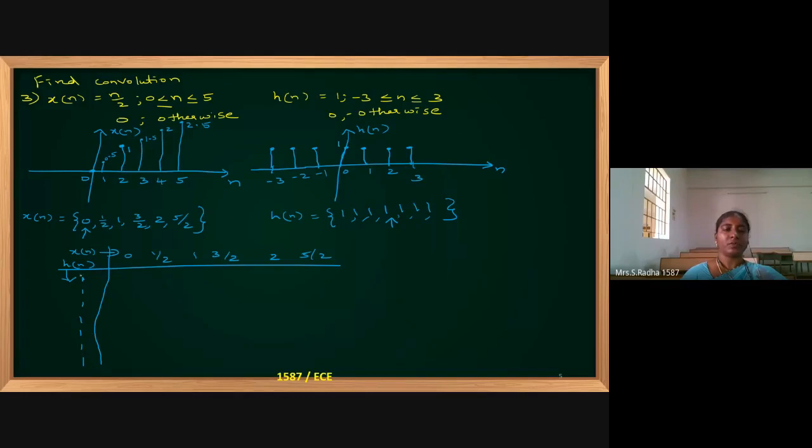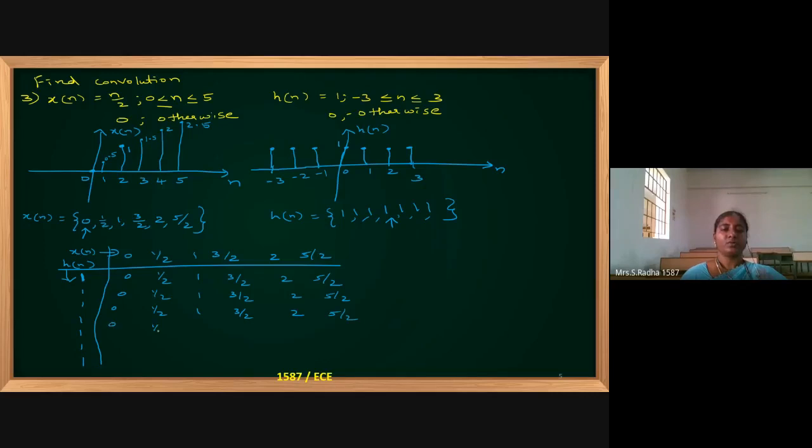Now multiply. It will be 1 half, 1, 3 by 2, 2, 5 by 2. Again multiplication with 1 gives 1 half, 1, 3 by 2, 2, 5 by 2. We have to write it fully, only then can the cross addition be done.